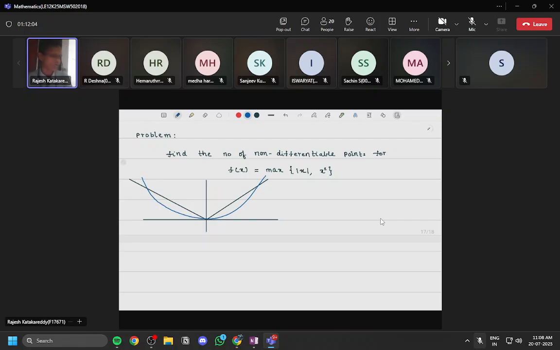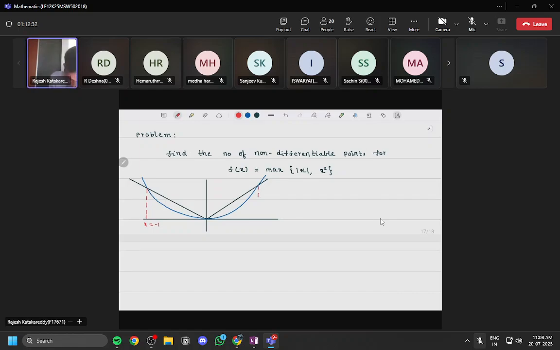So now I have drawn it. If I want, I can easily find the point of intersections by equating x square to mod x. You solve it, you will get plus minus 1 and 0. 3 are there. Now notice that maximum I need, not minimum. This is x is equals to minus 1 point.